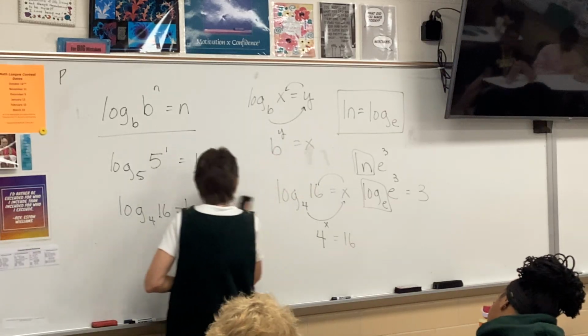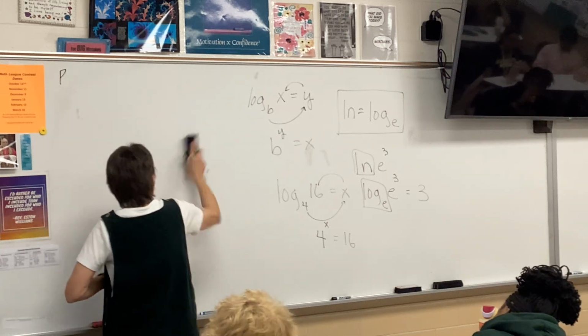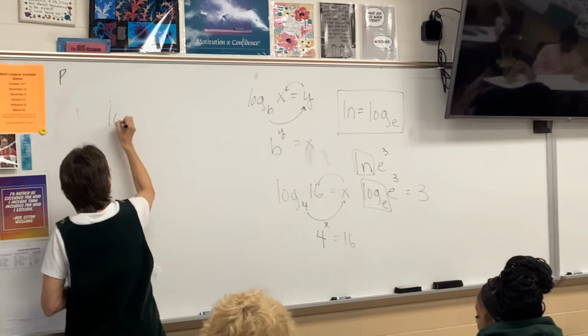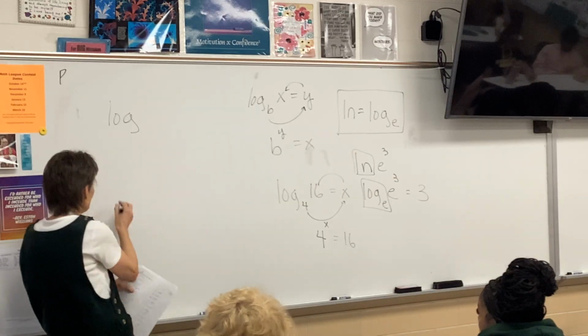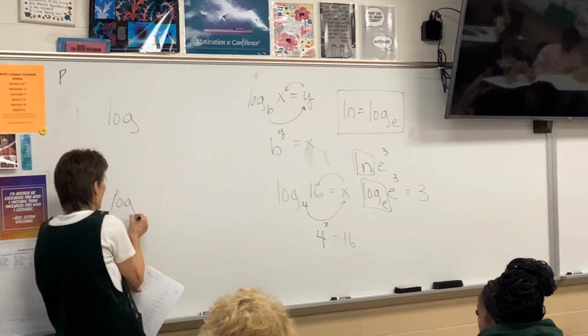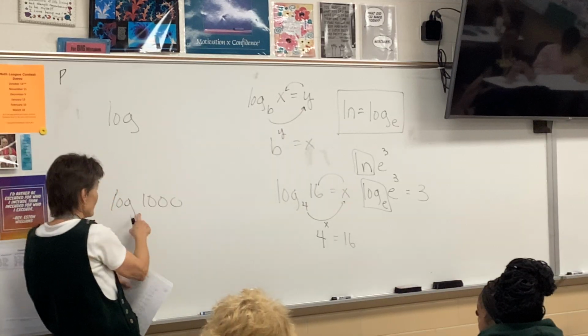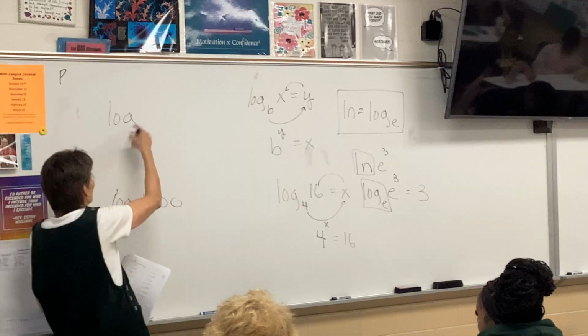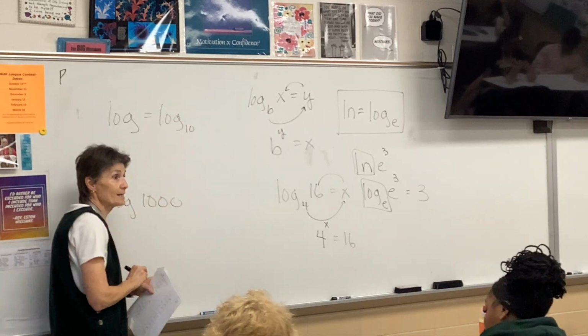Now while we're at it, I know I'm giving you a lot of stuff, but we have to have all this stuff down. While we're at it, log all by itself. Notice in problem 4, it just says log 1000. There's no number down here. When there's no number down there, there is an understood 10.